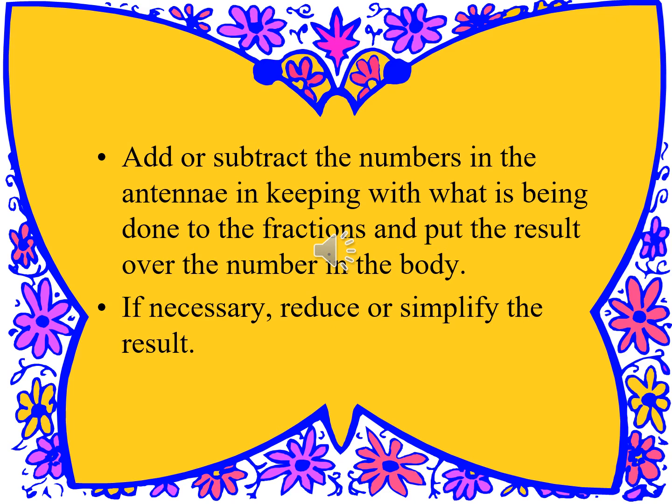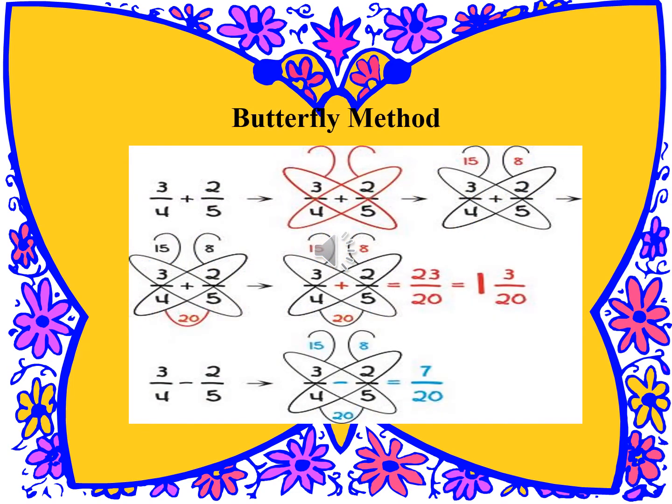And after getting the result and copying the denominator, or the bottom number, if necessary, we need to simplify or reduce the resulting fraction. To understand how this method works, here are some illustrative examples. First one is 3 over 4 plus 2 over 5.